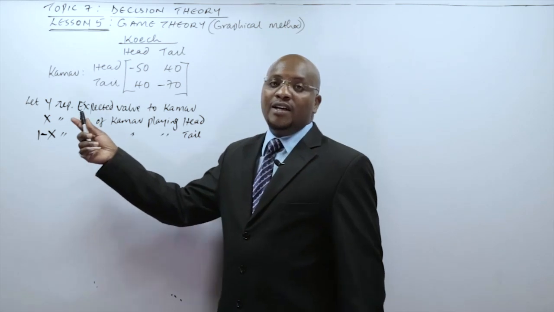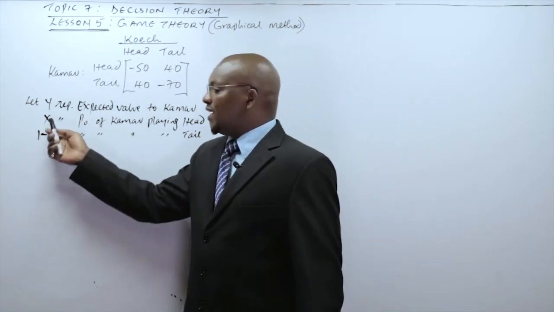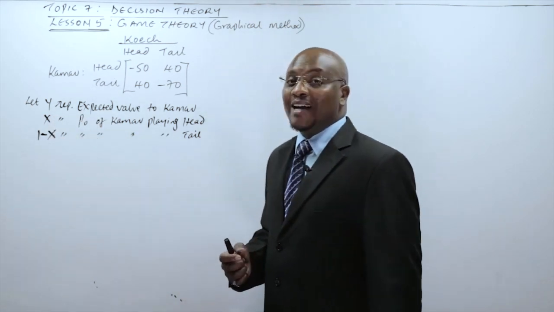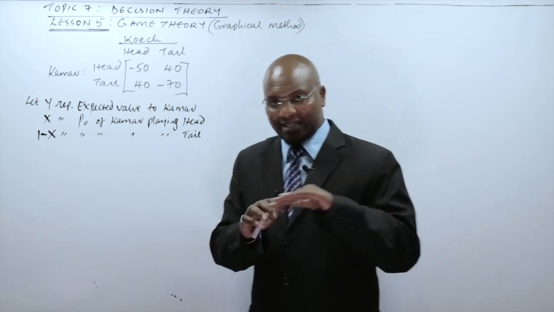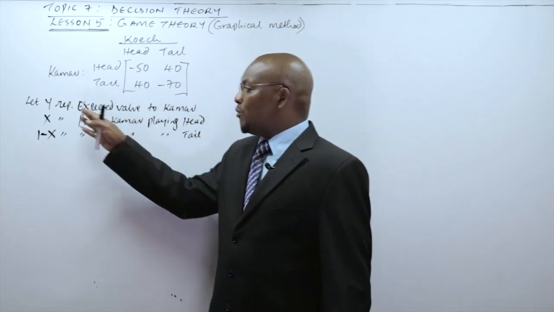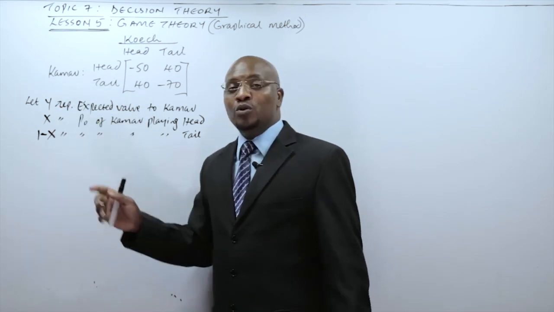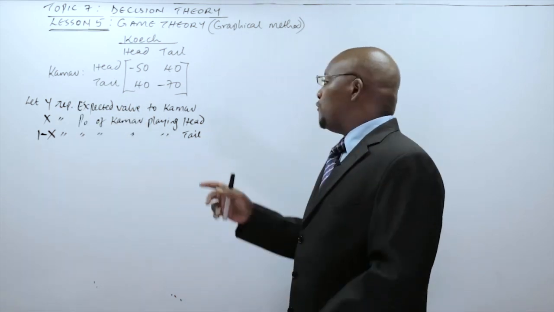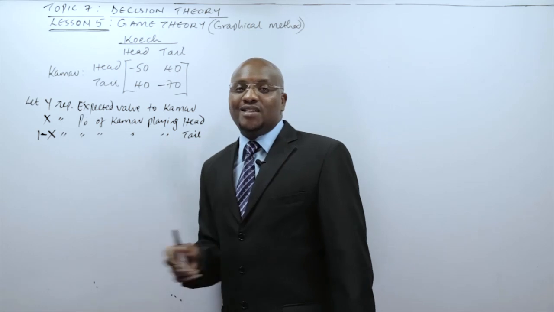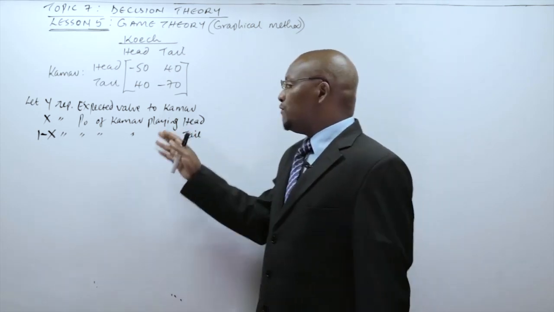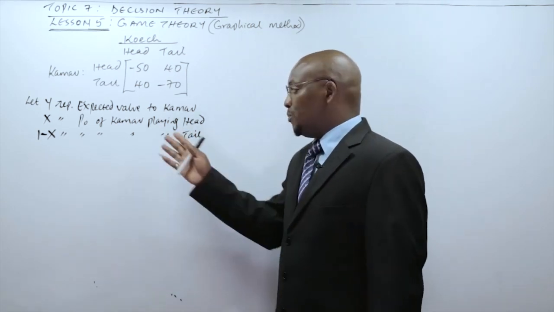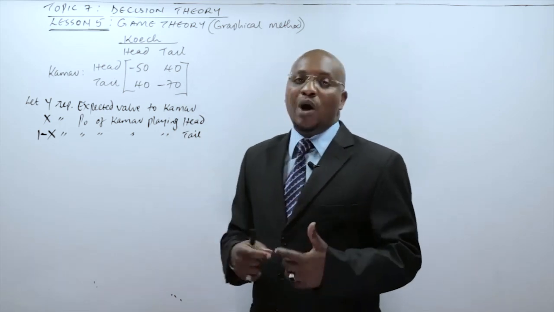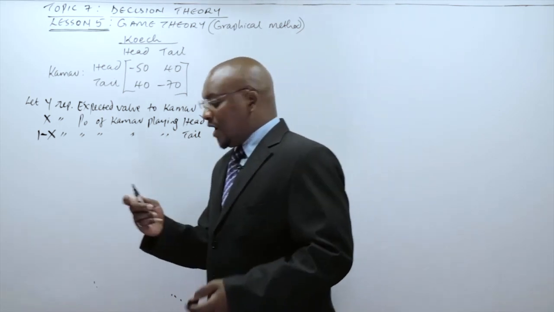I've used the variables x and y because on the graph I have the y-axis and the x-axis. On the y-axis I'm going to have the value, so y represents the expected value for Kamau, while x represents the probability of Kamau playing head. So since we have the two axes, we'll have it this way.